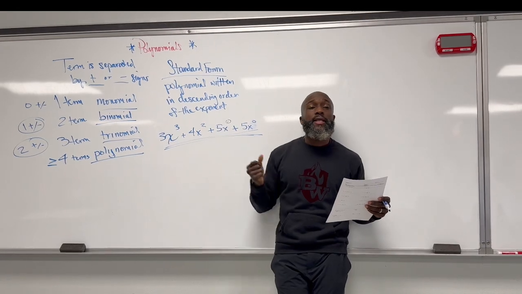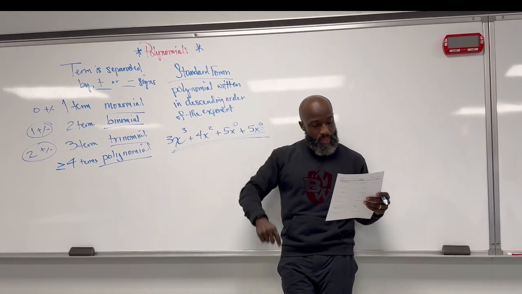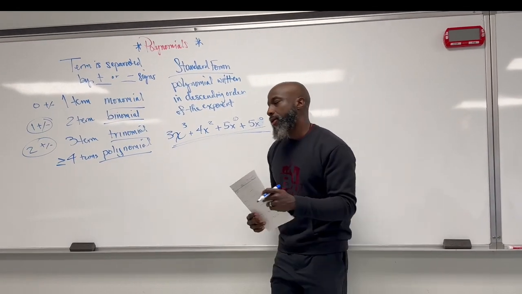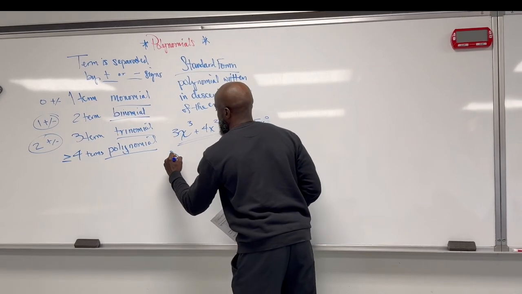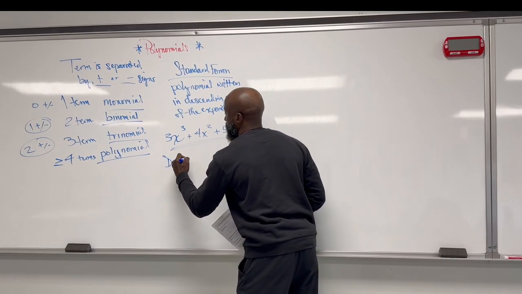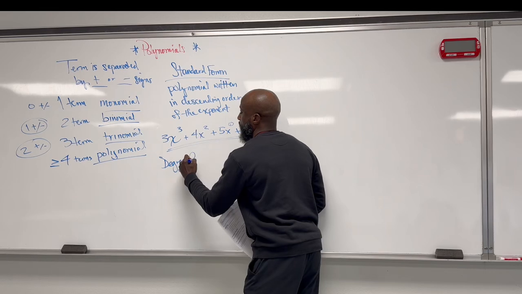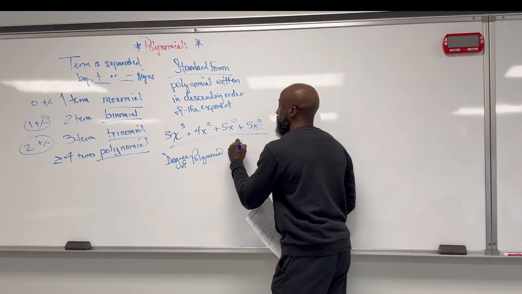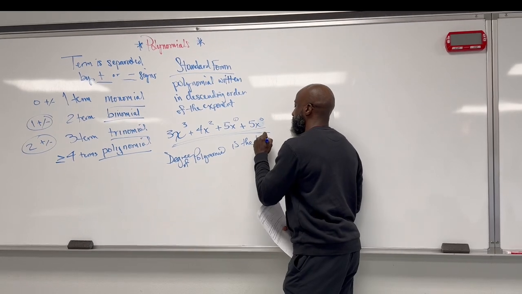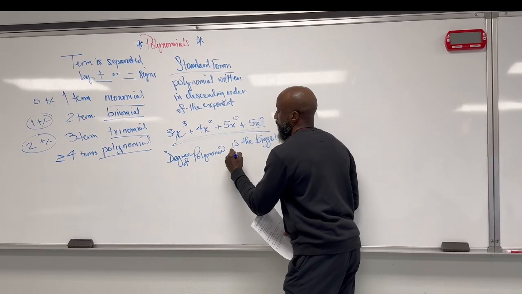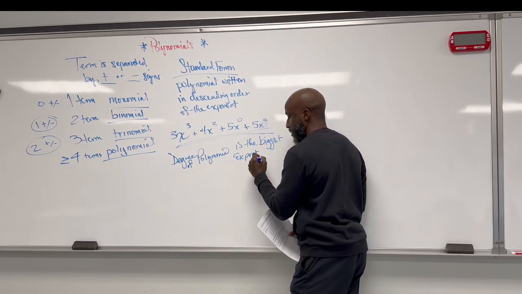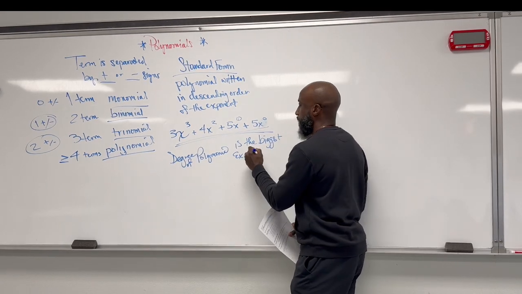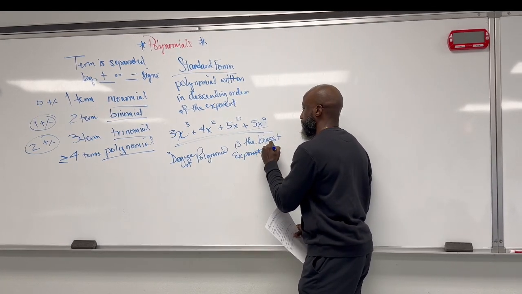Now the degree of the polynomial. In Algebra 2, we represent the degree of the polynomial differently, but here we'll say just the degree. The degree of the polynomial is the biggest exponent present.